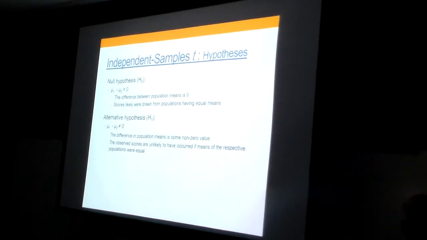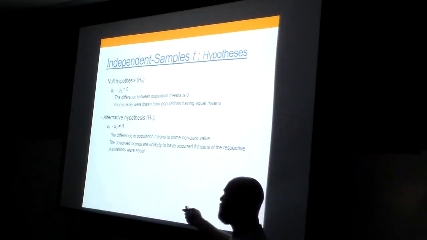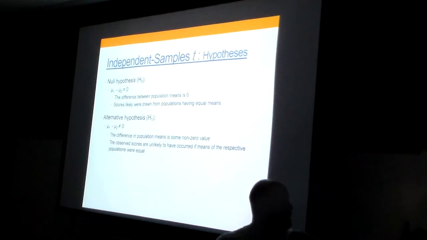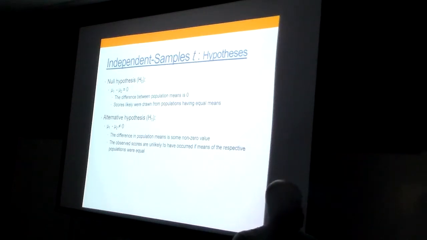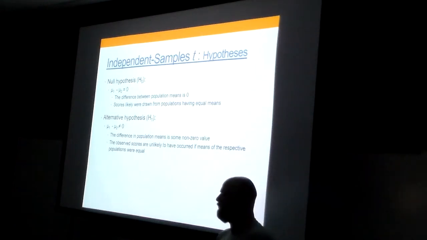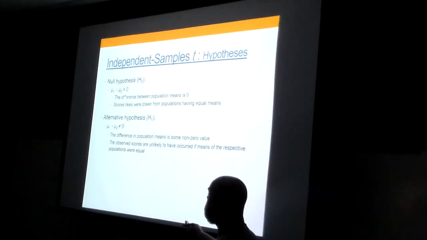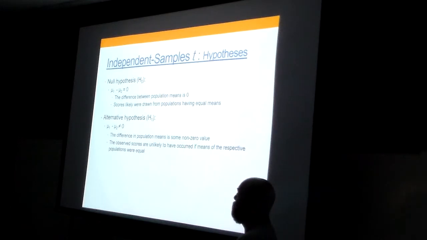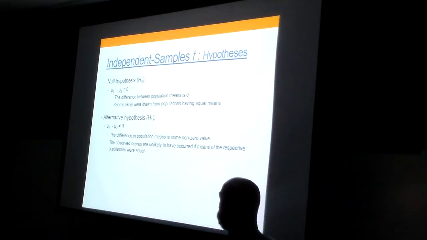But my preference would be for you to use the first, because this is what we're actually testing. We're indirectly testing that population 1 is equal to population 2, but what we're really doing is taking a look at whether or not the difference between these two is 0, right? This is the numerical equivalent. So if you would provide these in statistical notation like this, the difference between the population means is 0.